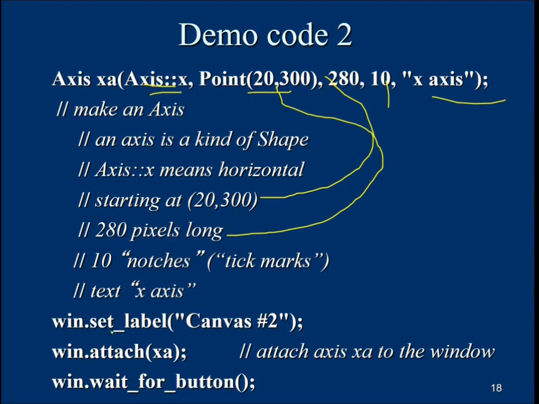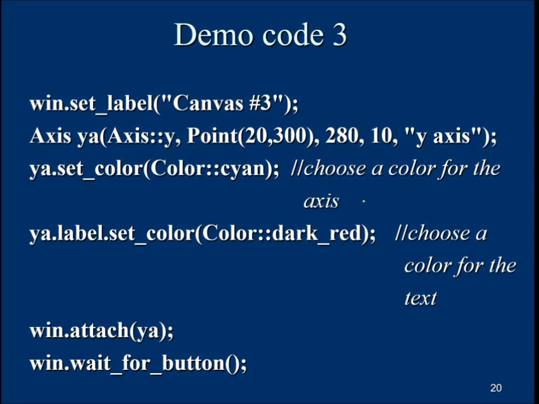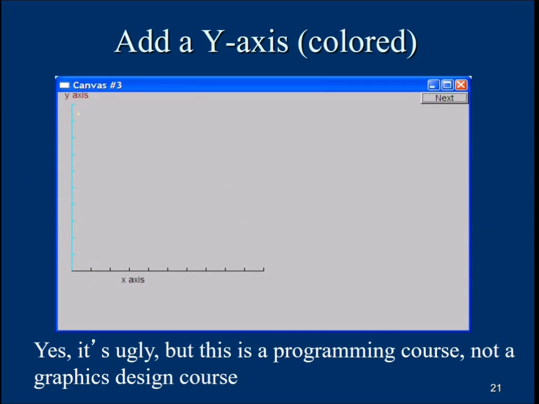So we set the label for canvas number 2, attach it to the window and wait for the button, and this is the result. This is how we make the axis. Then we have set label for canvas 3, and I already told you what all these are. We choose a color for the axis with set color, and we are choosing a color for the text. So we make it dark red, attach to the window, wait for the button, and this is our cyan line.